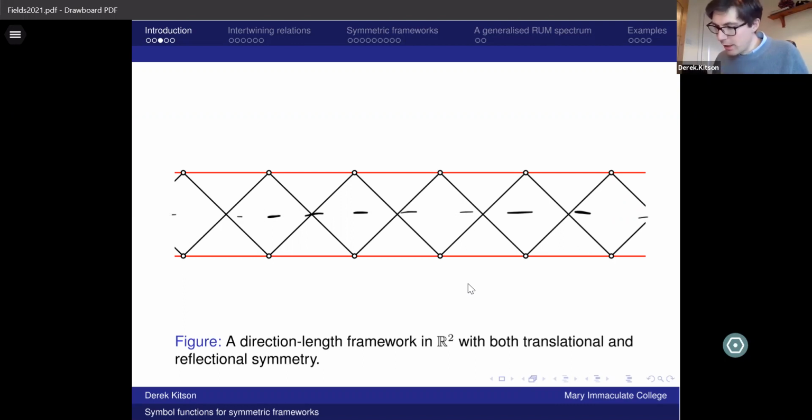Here, the black bars represent distance constraints, and the red bars represent directional constraints. So can we deal with that situation? It's a framework of some particular type, it's got a symmetry group. How does that interact with the rigidity matrix in this situation? Okay, so that's example number 2.